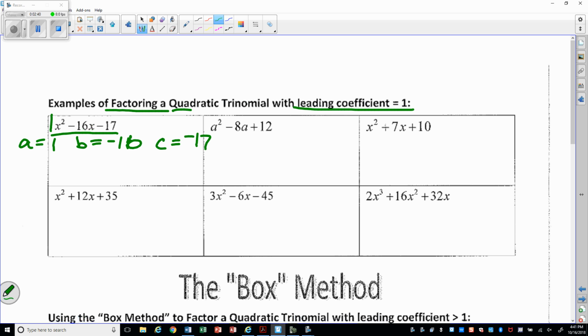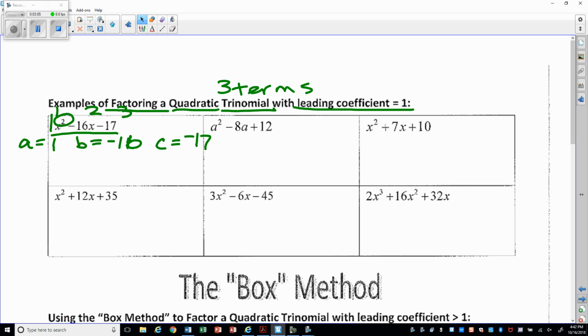It's called a quadratic because it's to the second power there. And it's a trinomial because it has 3 terms, 1, 2, 3. Okay, so if you have a quadratic trinomial with 3 terms, it's very easy to factor.